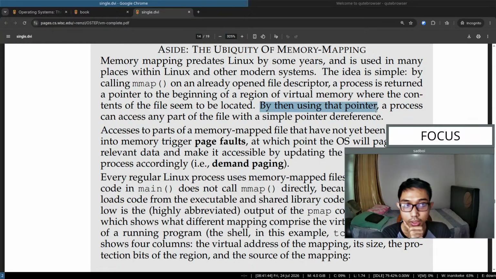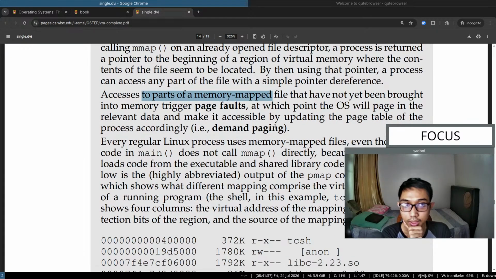By then using that pointer, a process can access any part of the file with a simple pointer dereference. Access to part of a memory mapped file that has not yet been brought into memory triggers a page fault, at which point the operating system will page in the relevant data and make it accessible by updating the page table of the process accordingly. That is demand paging.